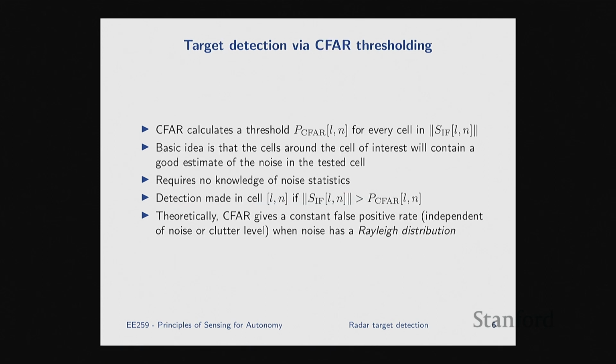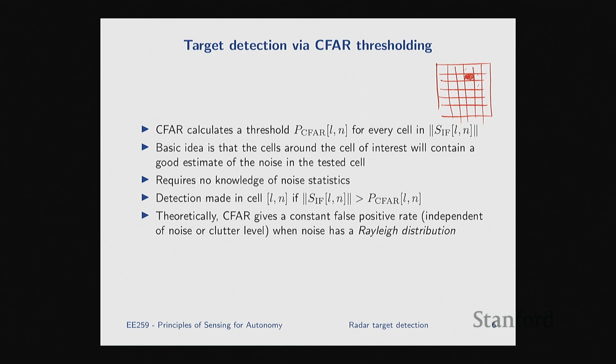Very quickly, we'll look at the math next time, but the core idea of CFAR, before we do any math, is this. If you have a target at some cell, these range velocity maps, as we showed in the previous slides, are pretty sparse. You have a target and then there's nothing around it and then there's another target. It's not a very dense map.